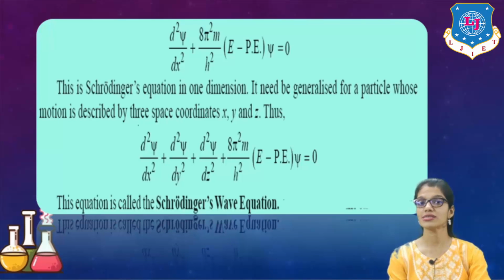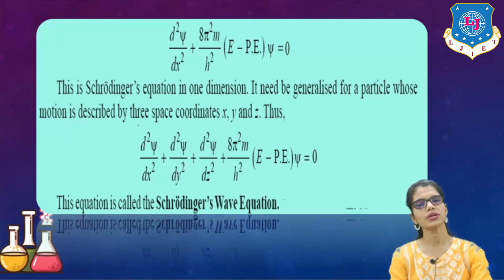Which dimension is it? It is in x direction. Whatever the direction it can be, we can find it out using this. Like if you want it in y direction, then d square psi by dy square plus 8 pi square m by h square into E minus P into psi is equal to 0.